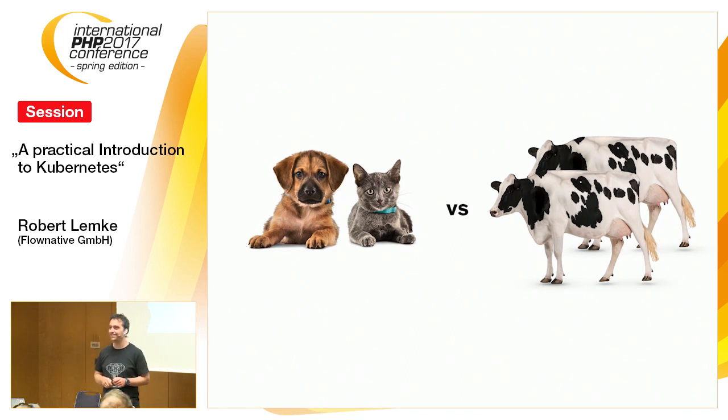Pets and cattle. So imagine your server is like a pet, right? It becomes part of your family, you give it a nice name, you care for it, you are worried when it feels sick, and you get up at night when it screams, and so on. That's a pet, right? And the idea about cattle servers is you just buy 500 of them, and if some of them die, you just buy some new. They only have numbers, right?